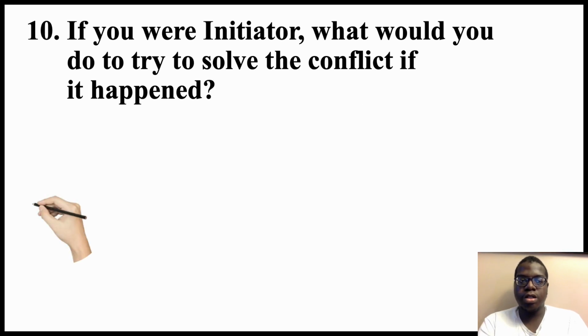Read the question. Question 10. If you were initiator, what would you do to try to solve the conflict if it happened? Think about the snippet. How can I correct the conflict to try to make things positive? I would apologize and put the megaphone away.